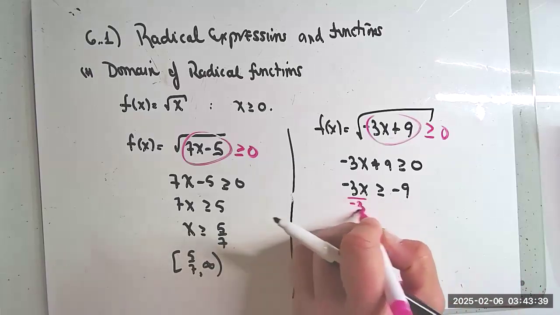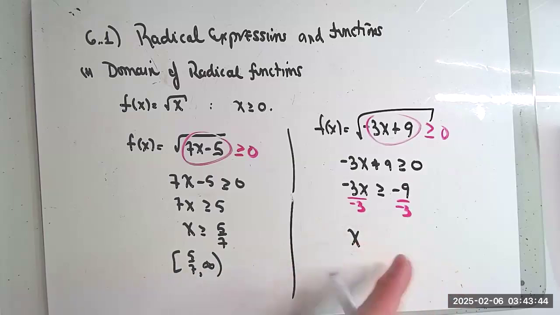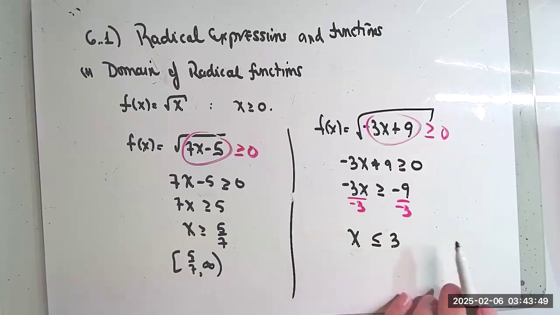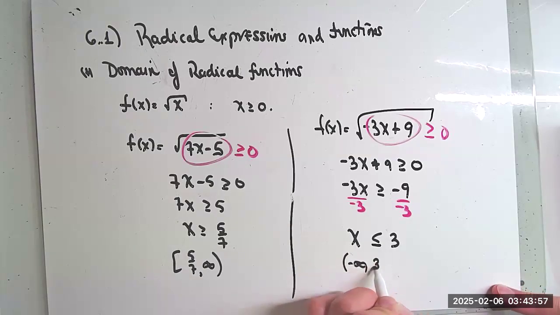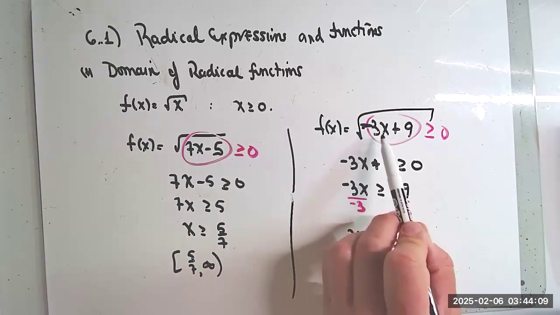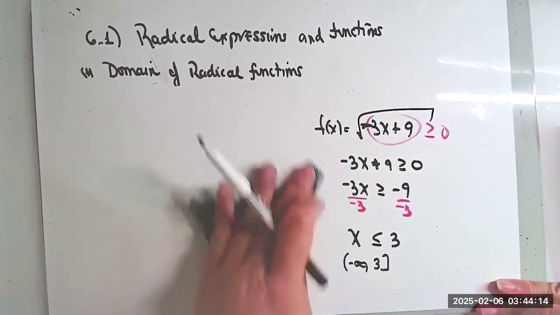We must divide by negative 3. But every time we divide by a negative number, we switch the direction of the inequality. So now, as long as I'm from the 3 to the left, I'm safe. So the domain will be from negative infinity to 3, bracket. In this case, we have to be from 3 to the left, since the negative will force me to have a negative number, so this becomes positive. That will be the domain.